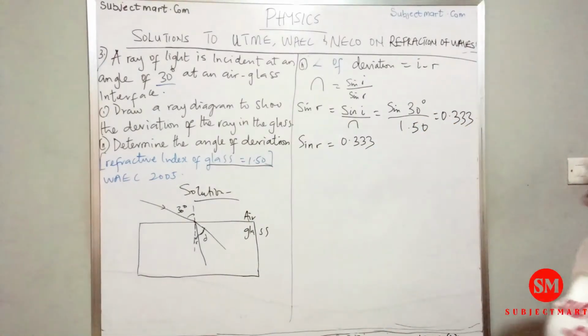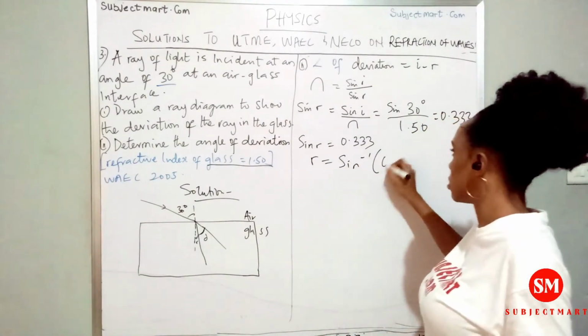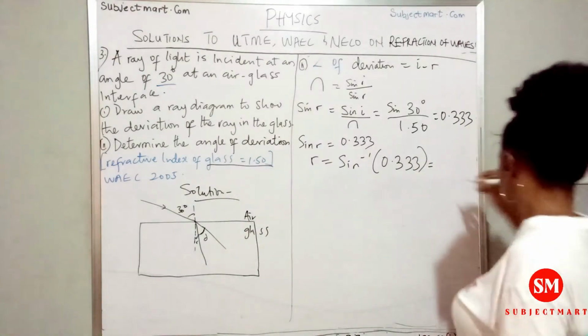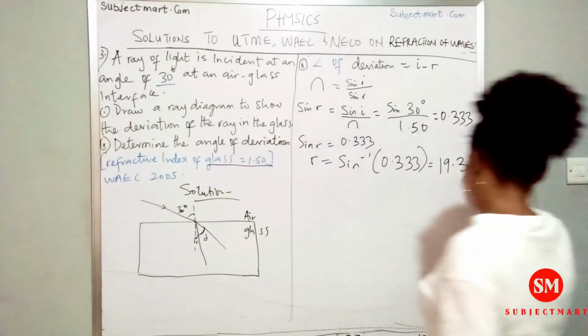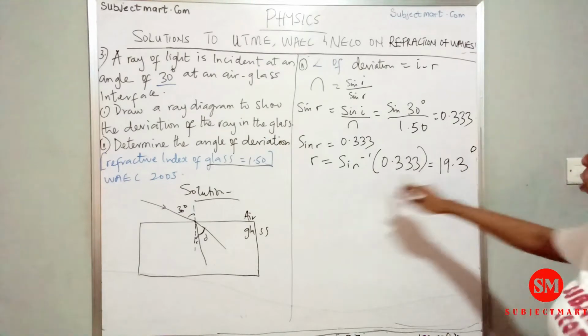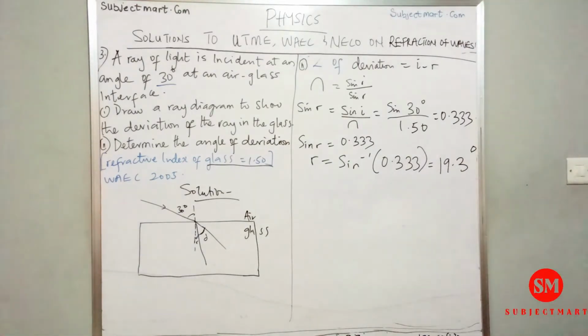But we need to get our r. So r is therefore arc sine 0.333, and this will give me 19.3 degrees. So the refracted angle is 19.3 degrees.